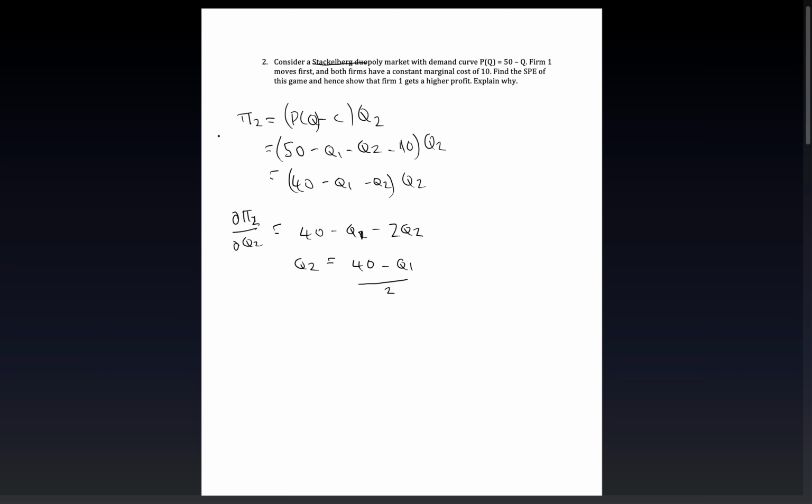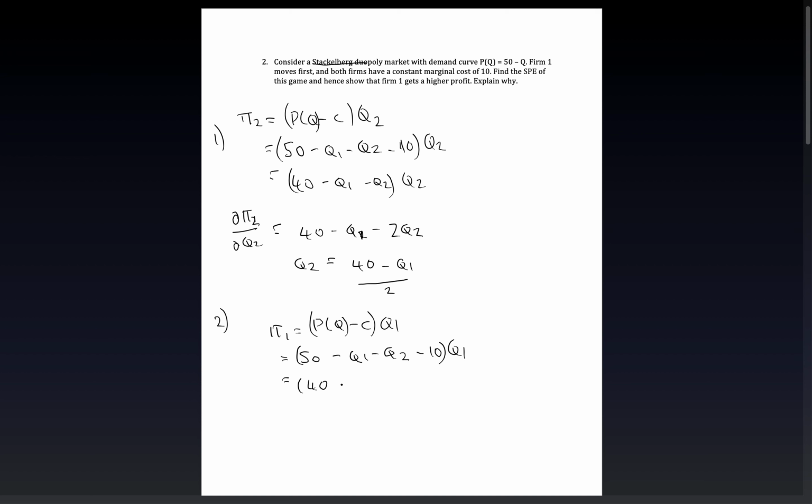So let's move on, that's just the first step. Let's move on to step 2, which is working out what firm 1 will do. So the profit of 1 is the same. It'll be (P(Q) minus C) times Q1, which equals 50 minus Q1 minus Q2 minus 10, again times Q1, which means we can simplify that again.